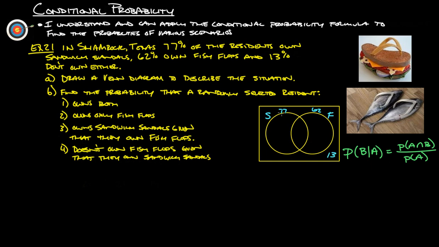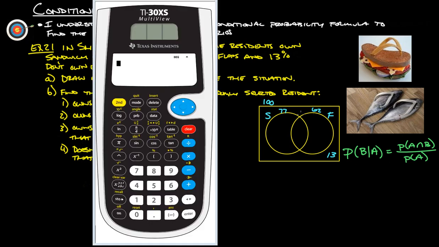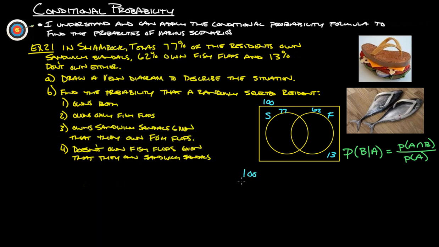Now, since we're talking about percentages, this whole thing should add up to 100, right? So to figure out what we've got going on here, we know that 100 minus 13 gives us 87. So these three areas have to add up to 87.